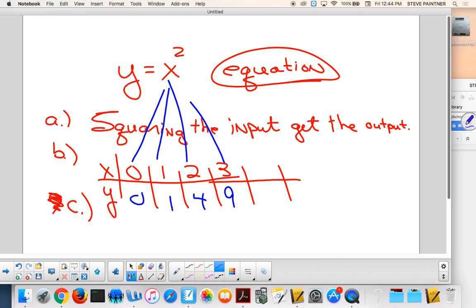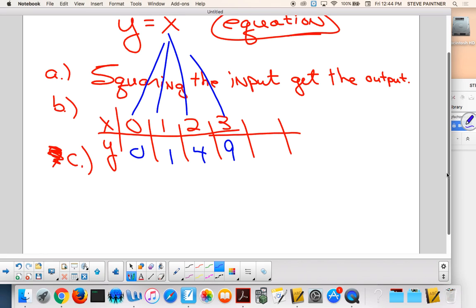And then C would be graph it. Well, if I graph these ordered pairs, 0, 0, 1, 1, 2, 4, and 3, 9. If I connect them, it looks like this.